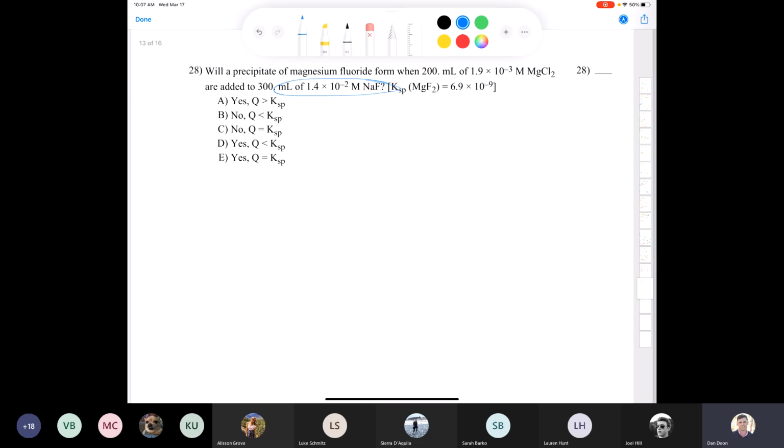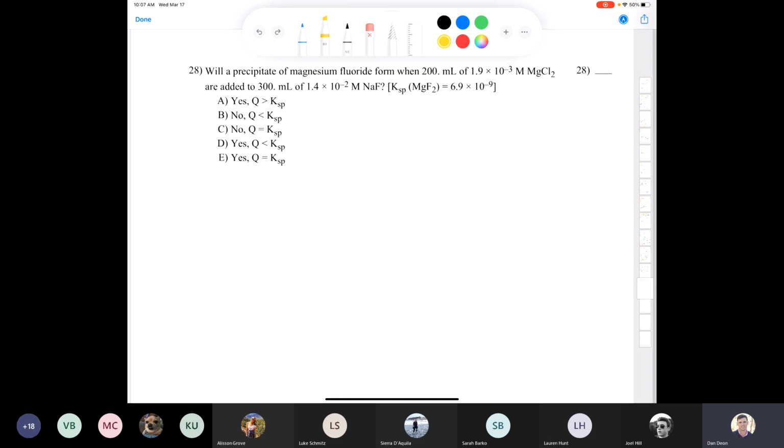If you don't have the solubility table memorized, which is a good idea at this point in the class, a solution of sodium fluoride means it's soluble. And if they gave you a Ksp for magnesium fluoride, it tells you that it's insoluble.